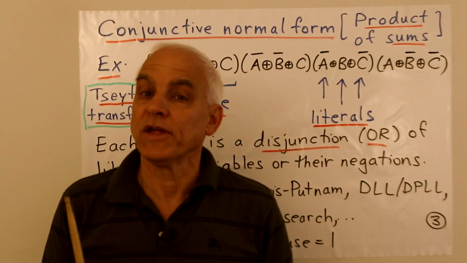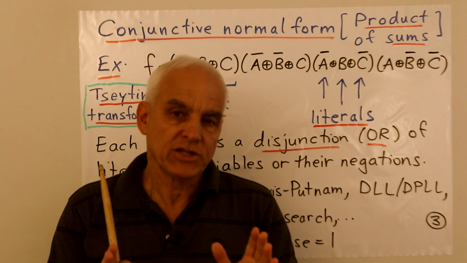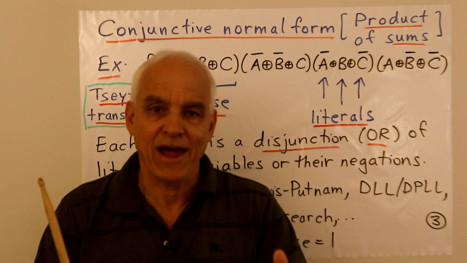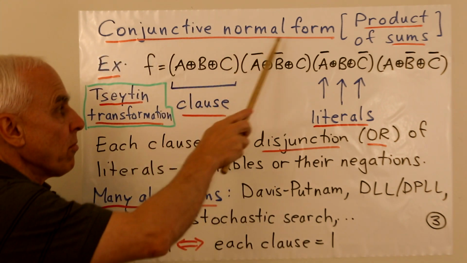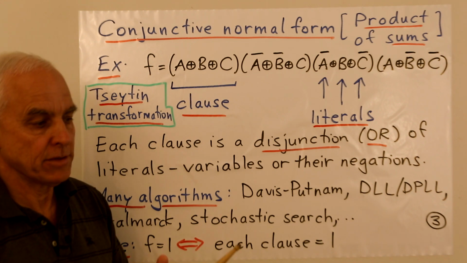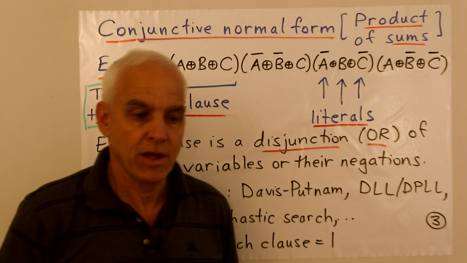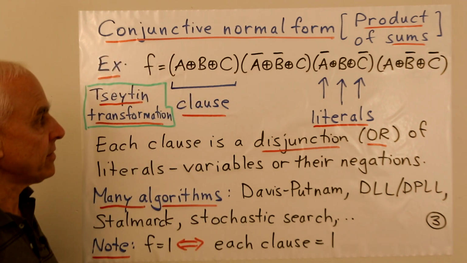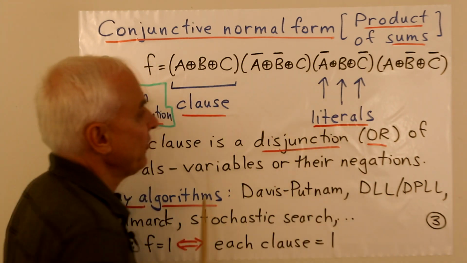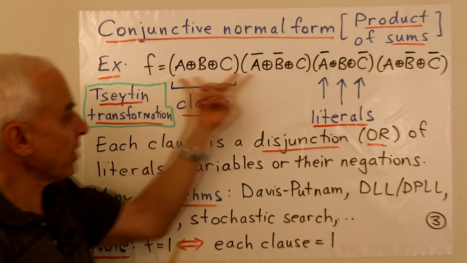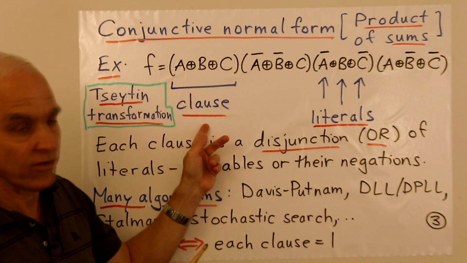A lot of the work that's gone into analyzing the SAT problem restricts to a rather special class of Boolean expressions. These are called conjunctive normal forms, and more colloquially, they are products of sums. In the Boolean algebra world, this is an example of such a thing. It's a product of things called clauses.